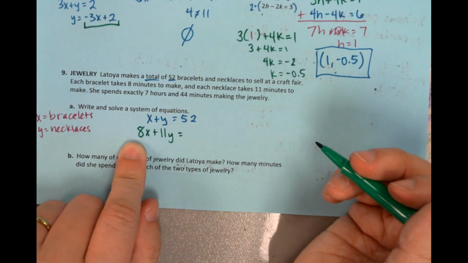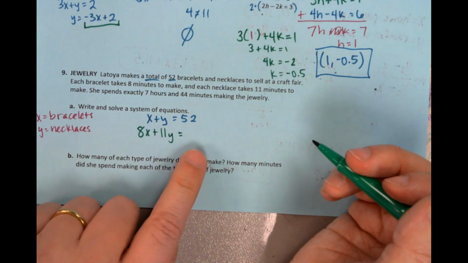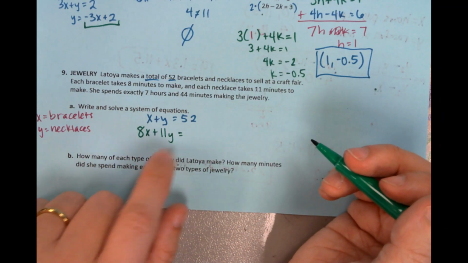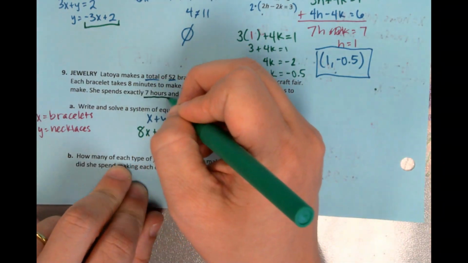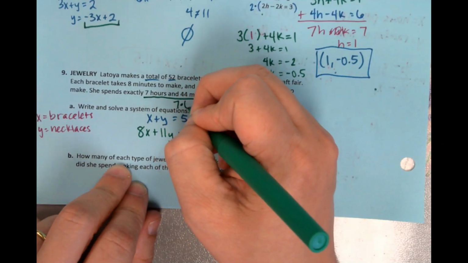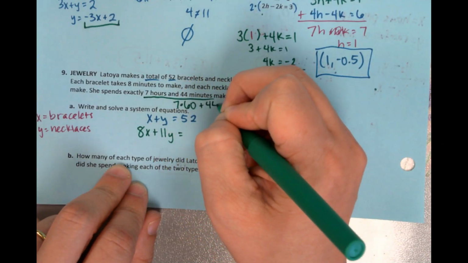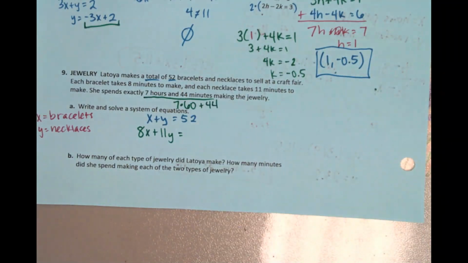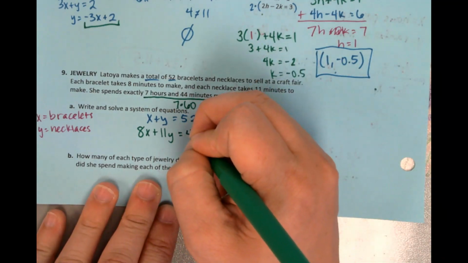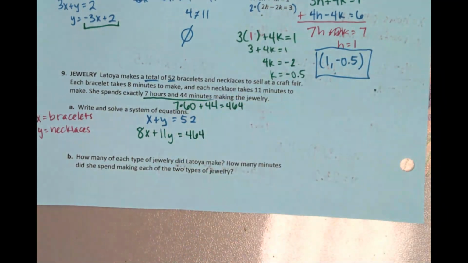Now, because we have 8 minutes, 11 minutes, we need this number to be minutes. Right now it's hours and minutes. So we remember that there's 60 minutes in an hour. We do 7 times 60 plus the 44 more minutes. And we get 464. So this equals 464 minutes.